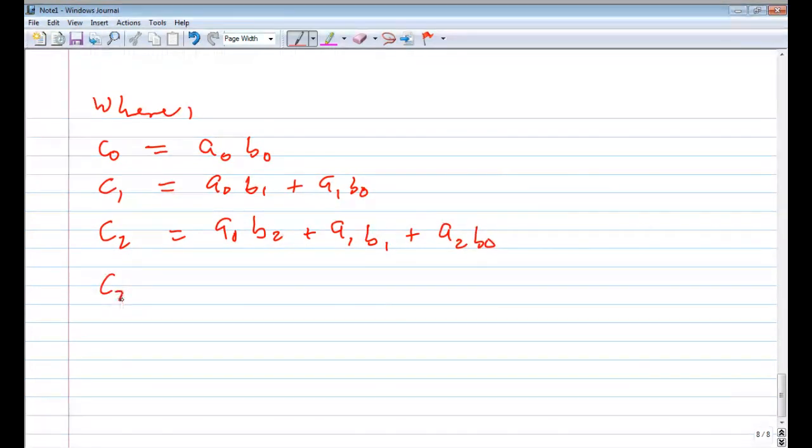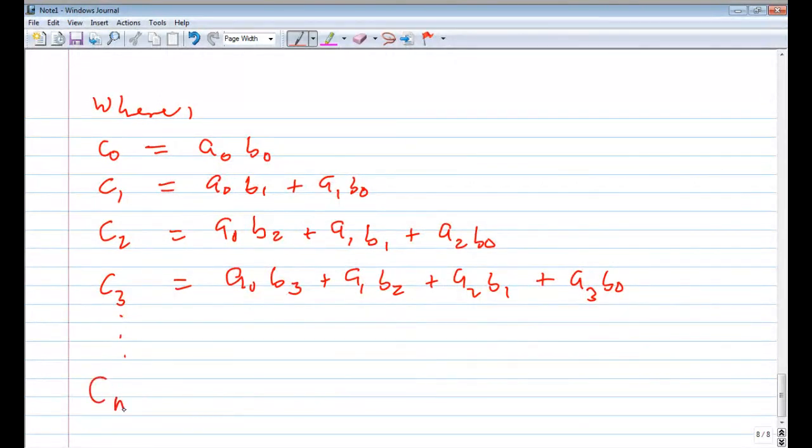Go like that. C3 equals A0 B3, A1 B2, A2 B1, A3 B0. So you can just go like that until you generalize.